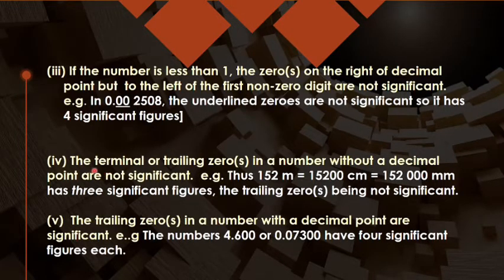The next rule says the terminal or trailing zeros in a number without a decimal point are not significant. It means if I write 152 meter, which can be written as 15200 centimeter, which can be written as 152,000 millimeter, it has all 3 significant figures, because this can be written as 10 raised to the power 2, this as 10 to the power 3, but the number of significant figures will be 3 only.